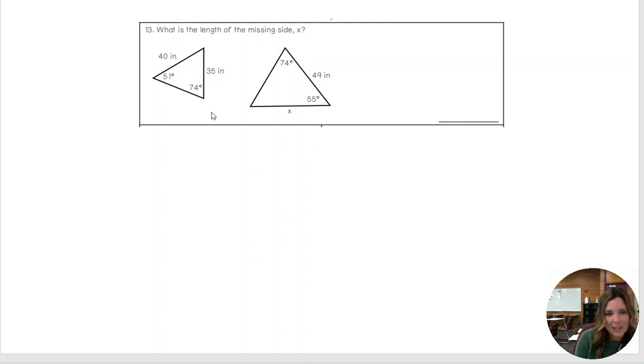Okay, so before we start this one, we want to make sure that we know these are similar triangles. So when I add 51 and 74 together, I get 125, which means that this angle right here is 65. And when I add 74 and 55 together, that means I'm going to be left with this angle.